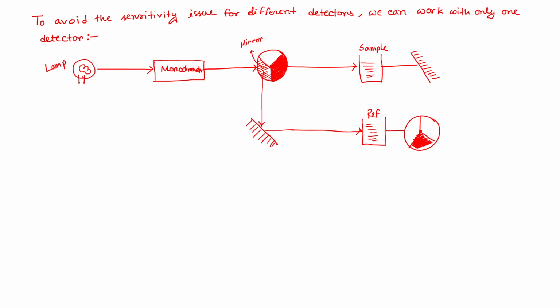Obviously one will be mirror, one will be opaque like this. I think this is not discussed in the class, so you may find it interesting. And obviously one will be mirror, right? I hope you can understand what I'm trying to write. Okay, and then there will be only one detector, and obviously there is your computer and all.